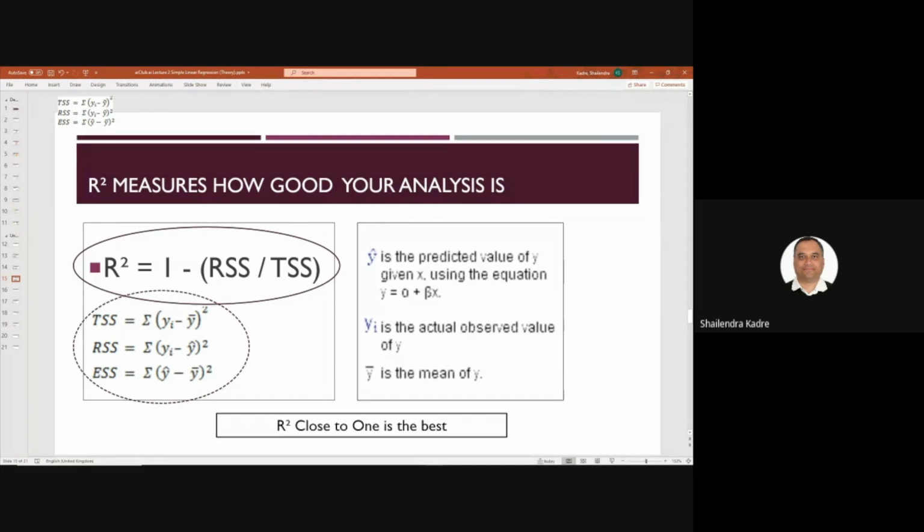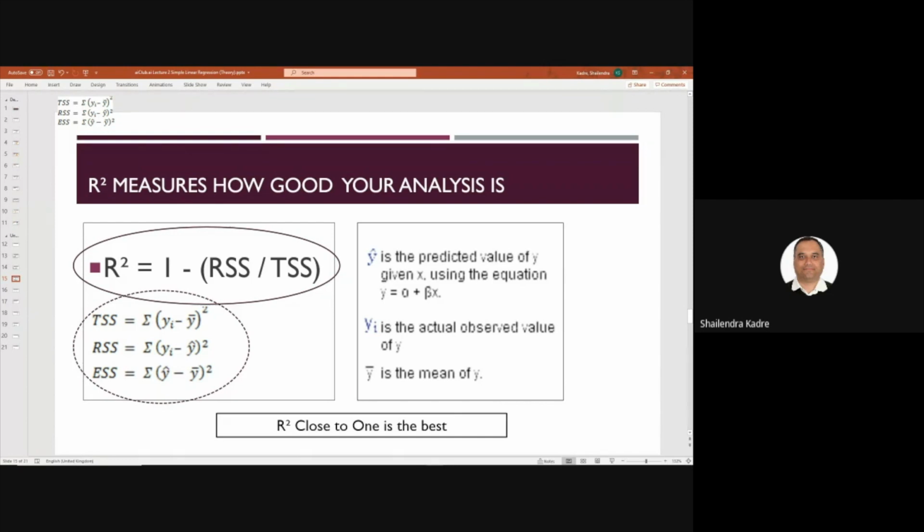R squared is a model metric. Metric means a measure of model efficacy. It is a metric which tells how good or bad the model is. It is 1 minus residual sum of squares upon total sum of squares. When I was explaining RSS and TSS, I explained that ideally we want RSS to be 0.